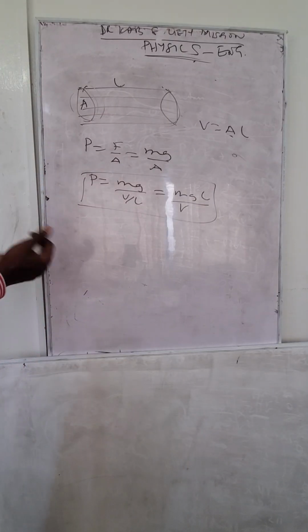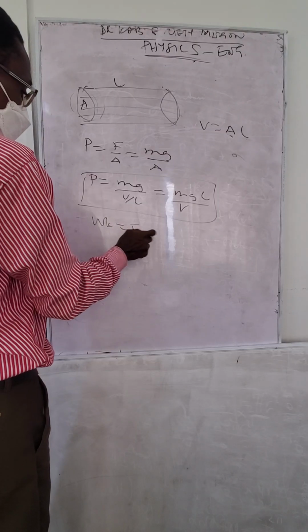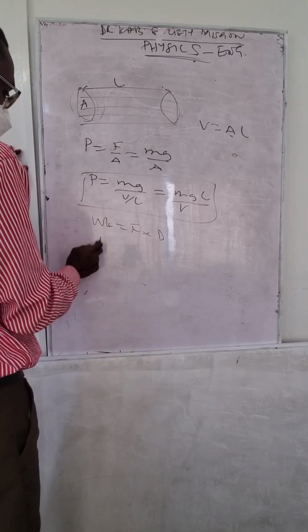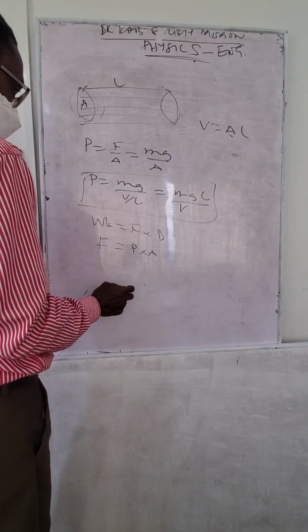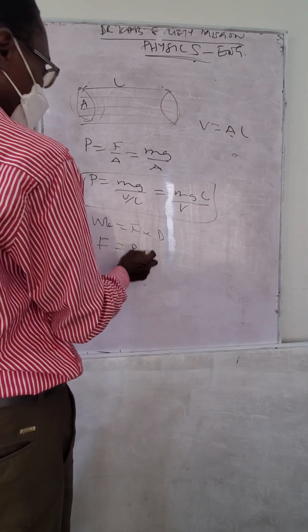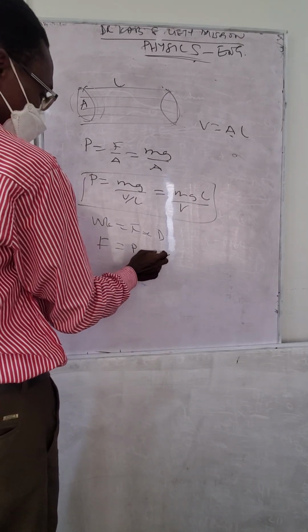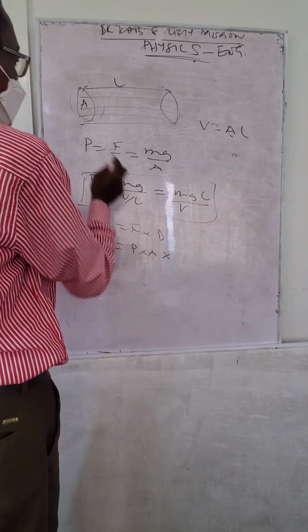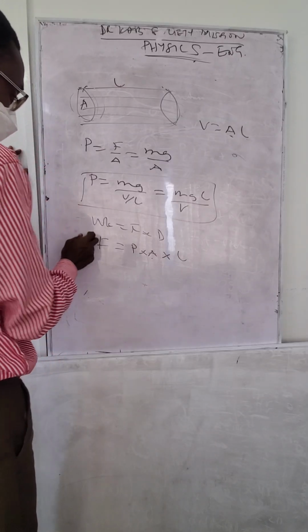If you want to find the work done, it is equal to force times distance. Force is equal to pressure times area, so work done is pressure times area times the distance that it is moving. Let's say that column is L. So the work done is this. Put in the values and see.